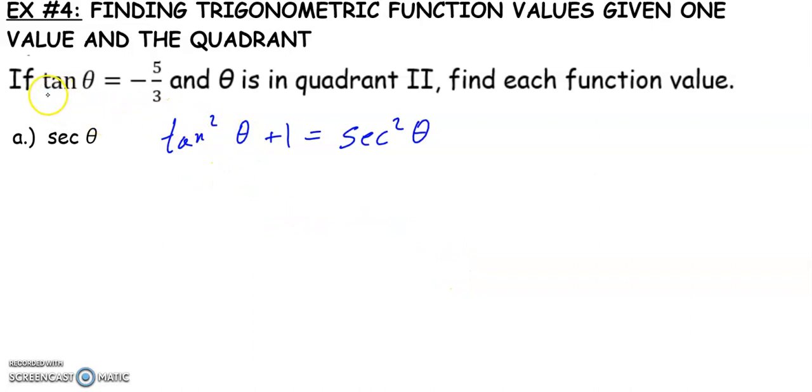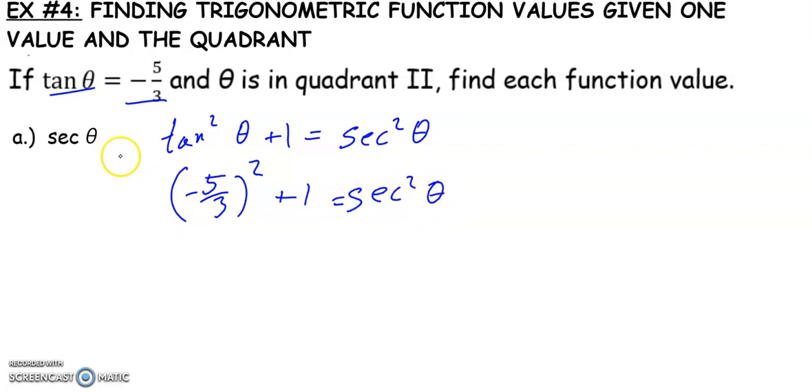Well, right here we were told what tangent theta is. The tangent theta is negative 5/3. So we can take out the tangent and put in negative 5/3, but because this is tangent squared, we're going to square it. We're going to add 1, and that will give us what secant squared is.